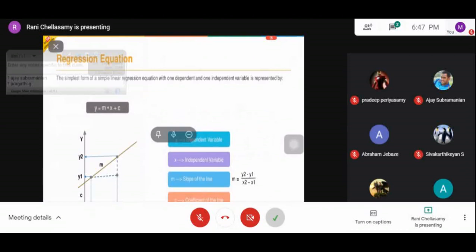As we all know, y is the dependent variable, that is the response variable, the output variable, and m is the slope which is calculated from the formula y2 minus y1 divided by x2 minus x1. As we all know how to calculate the slope of the line. Okay, and x is the independent variable and c is the coefficient of the line. Okay.